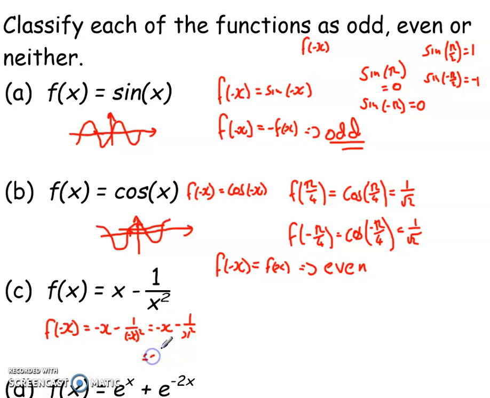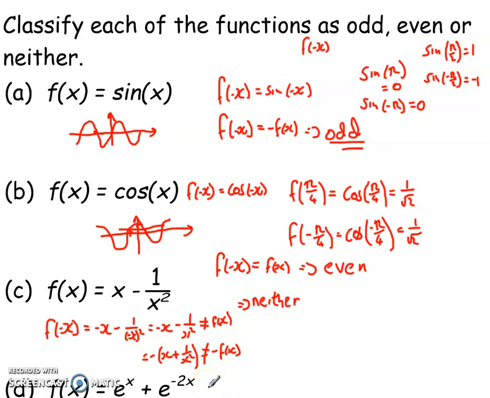So if I do that, I get negative bracket x plus 1 over x squared. But that is not the equivalent of negative f of x. And I know the previous line, negative x take away 1 over x squared, is not the equivalent of f of x. So this function here, I know I can quite simply say it's neither odd nor even.